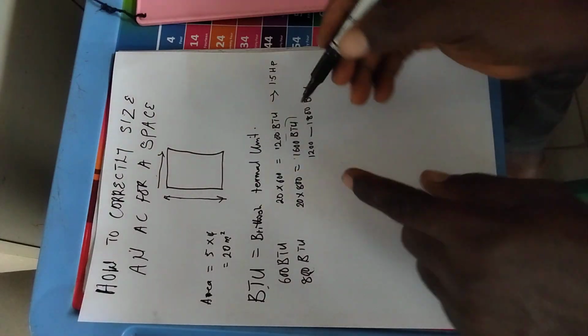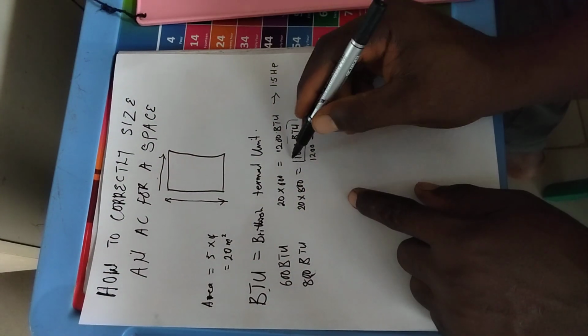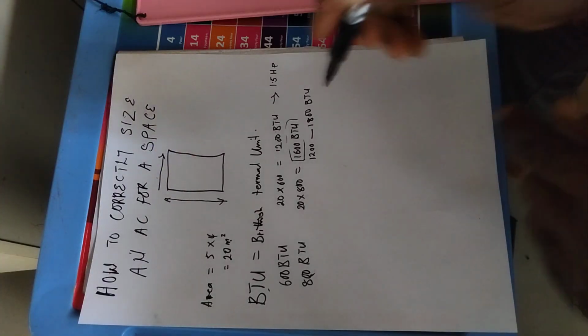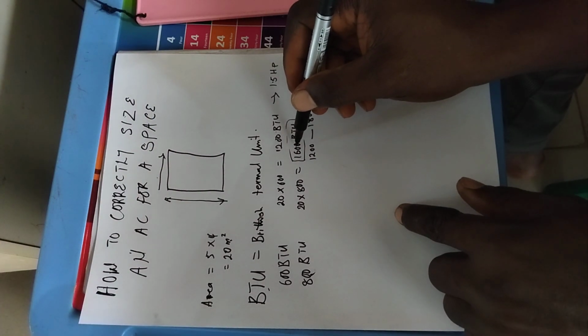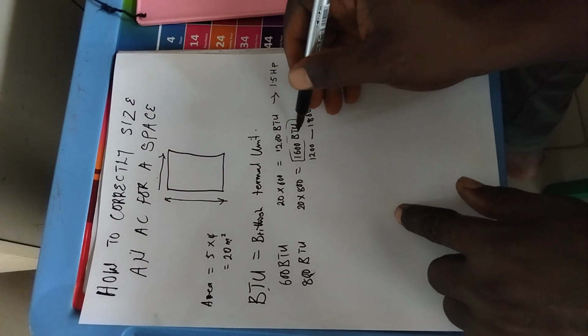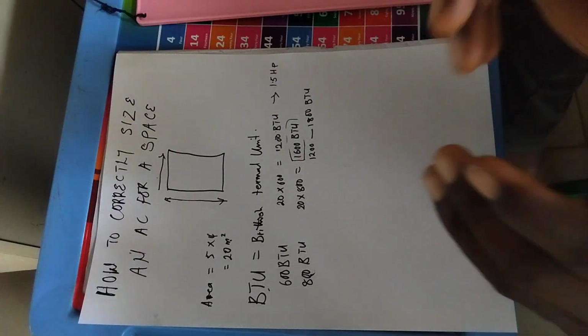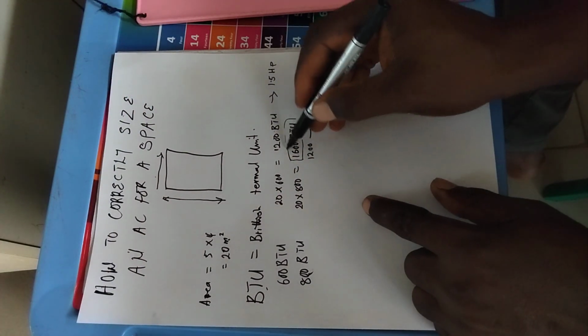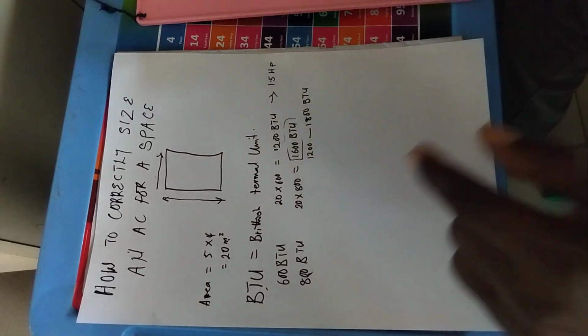After calculating everything, it gives me 1,600 BTU. You can go through the market, you will not see an air condition that bears this 1,600 BTU.